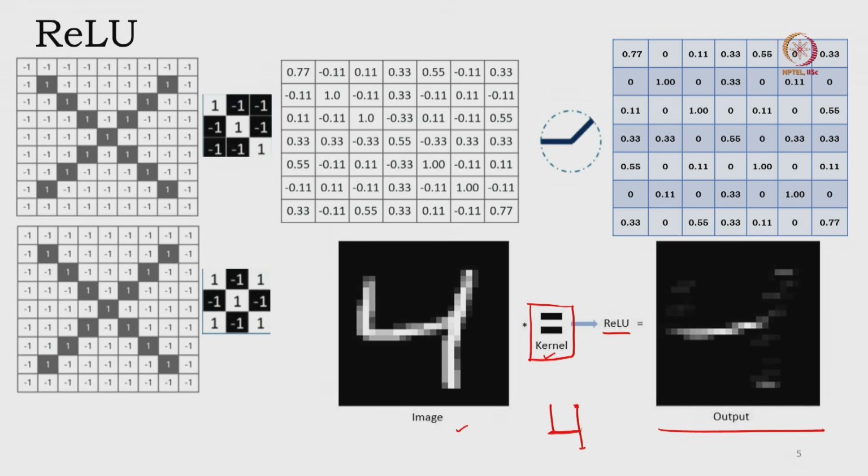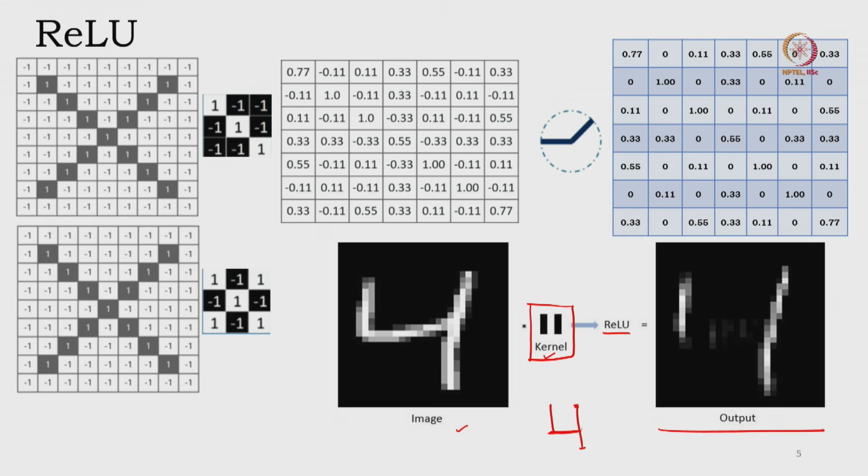Now, to the same image, when you apply a different kernel, you see, now you have applied this kernel. So, what has this extracted? This has focused on extracting the vertical features. So, it has extracted this part. Previously, it extracted this portion, and now it has extracted this portion.